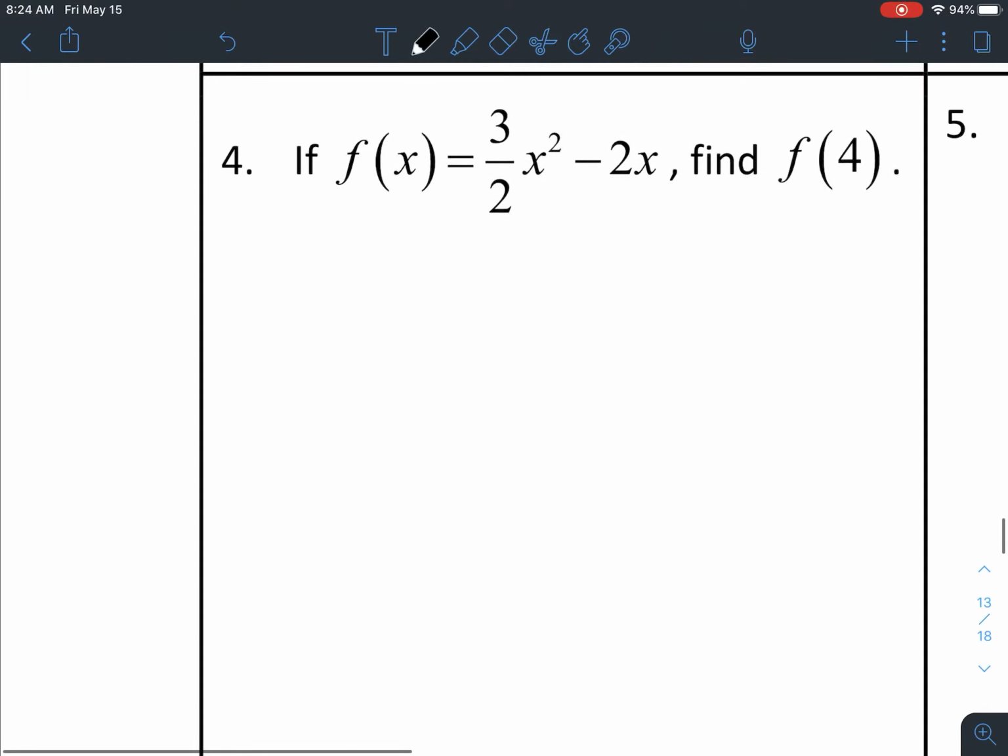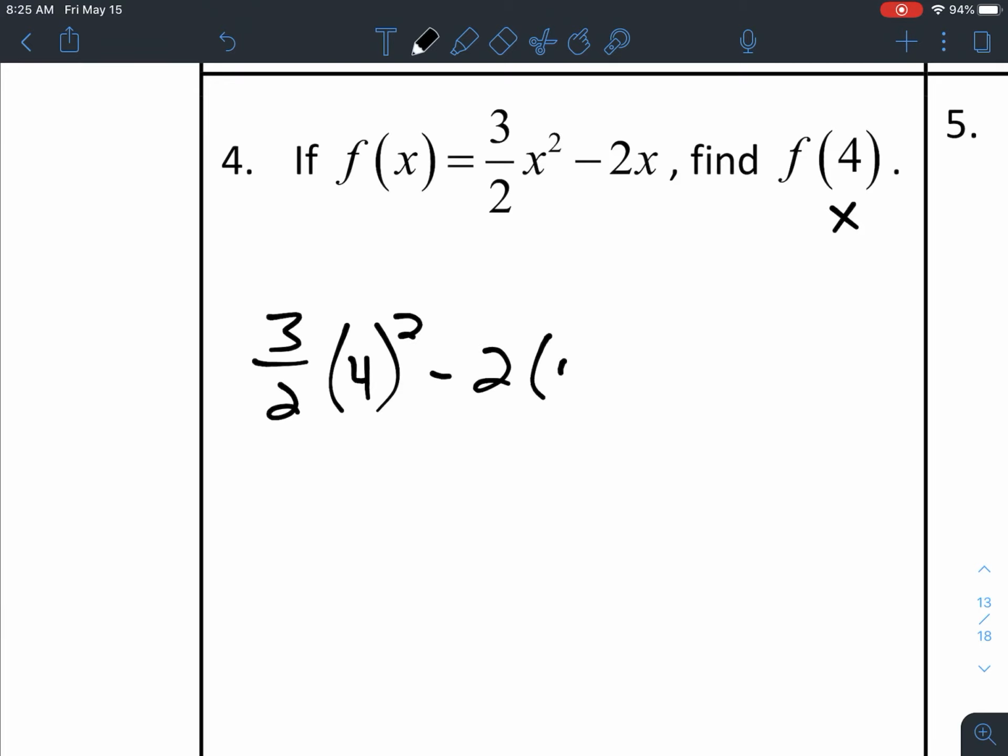Problem 4 here, it says if f(x) is equal to 3 over 2 x squared minus 2x, find f of 4. 4 is x. Essentially, all you have to do is substitute 4 in for x. So anywhere you see x, you put 4 in. So 3 divided by 2 times 4 squared minus 2 times 4. Okay, 4 squared, 4 times 4 is 16.